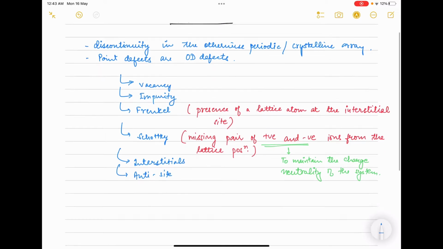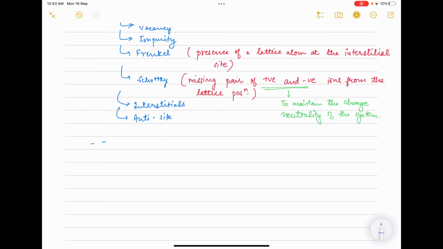So, point defects are actually thermodynamically stable defects. We'll see in a while how.